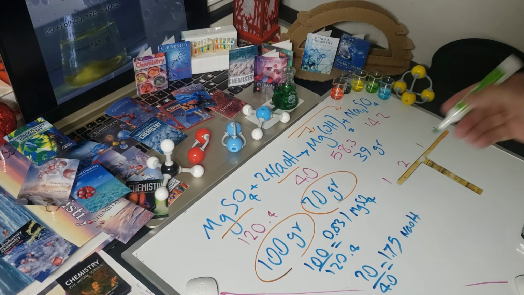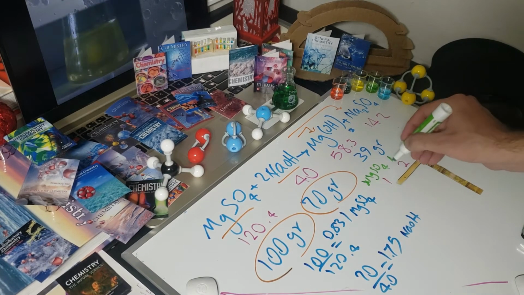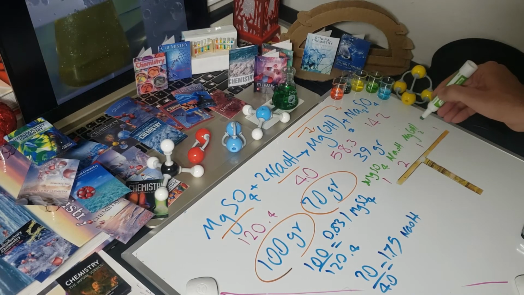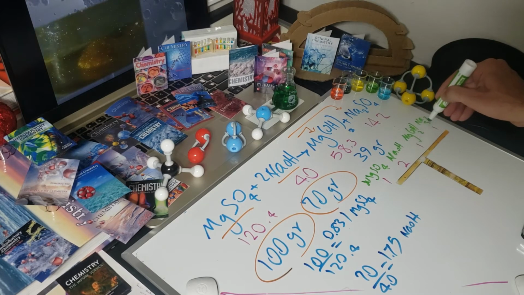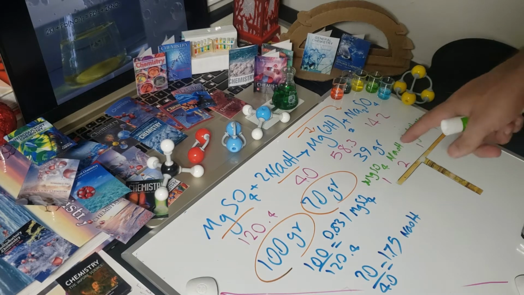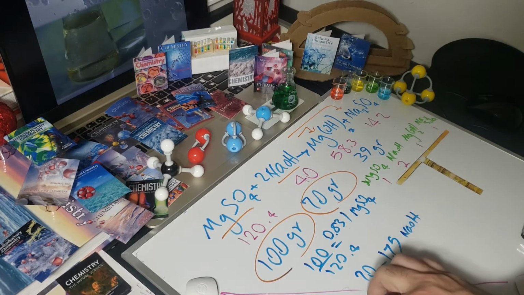This one is magnesium sulfate, this one is NaOH, this one is magnesium OH2, and this one is Na2SO4. I just didn't have enough space here to write Na2SO4, but this guy is Na2SO4, so I already apologize for that if it's not very well written.